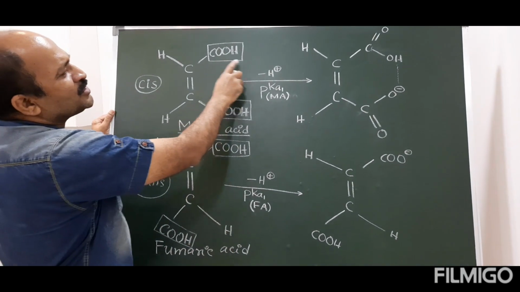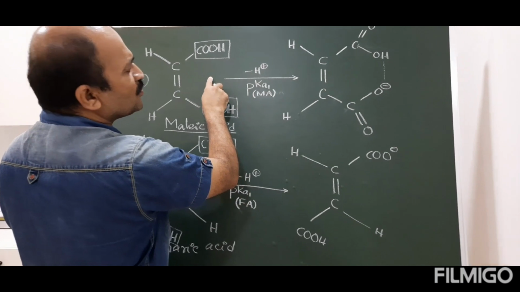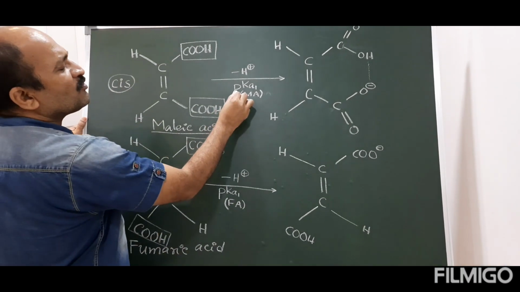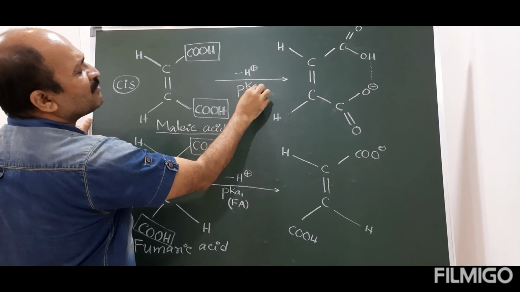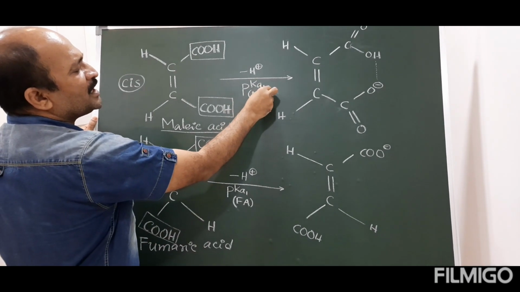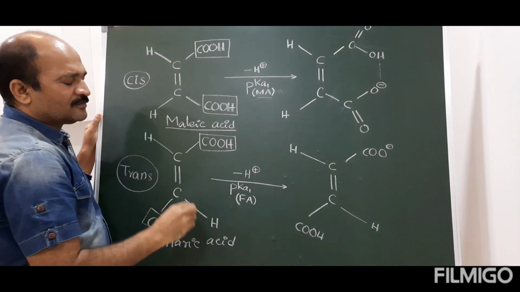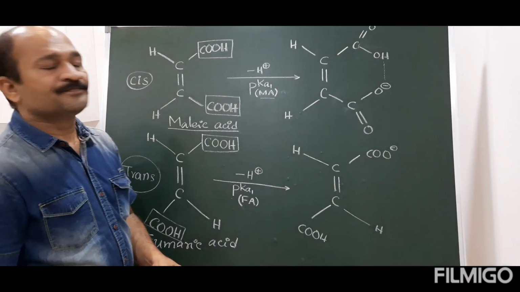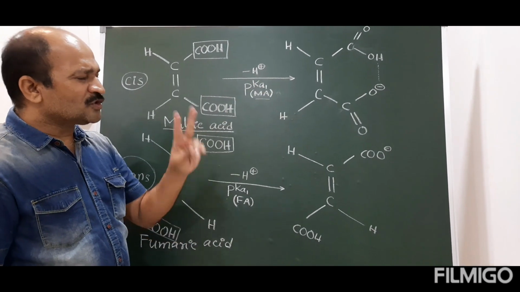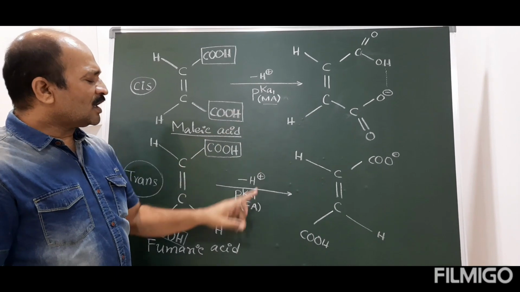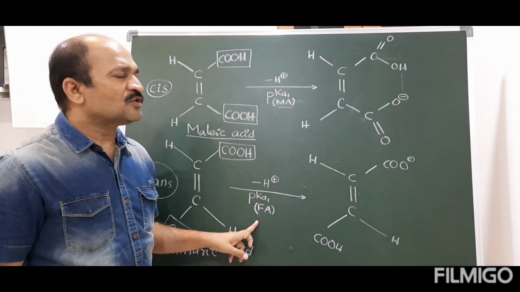It loses one H plus and is converted into a carboxylate ion. For this value, I am writing pKa1. pKa1 of maleic acid, pKa1 of fumaric acid. Which one is higher? Both are equal, or pKa1 of maleic acid is more, or pKa1 of fumaric acid is more?